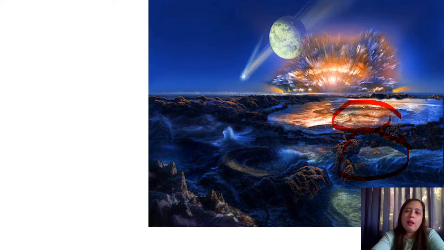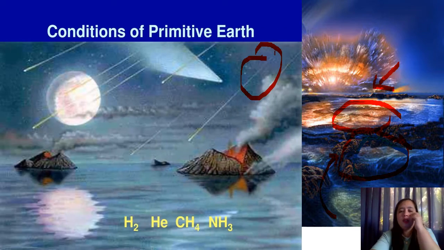And then, pwedeng dinadala din daw yan ng comets kapag ito ay bumibisita sa ating mundo, o kapag merong impact ng mga meteors. So, pwedeng within, and pwedeng outside ang sources. So, this continued, and continued.